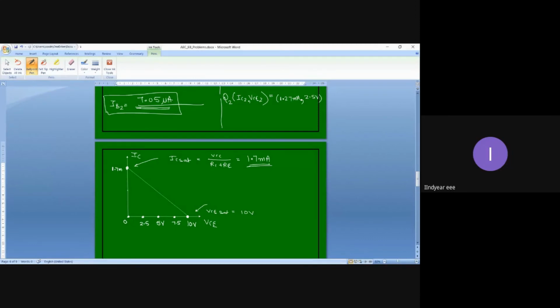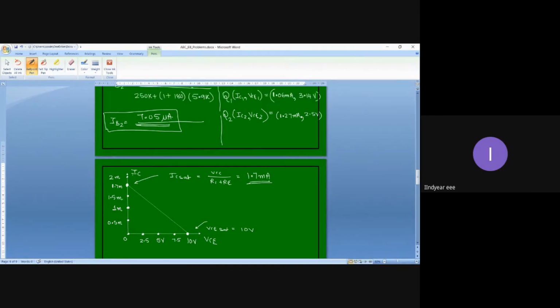Let's say this is 1 milli, and somewhere here the 2 milli point lies. This is 0.5 milli, and the half is 1.5 milli, which will help in plotting the load line.